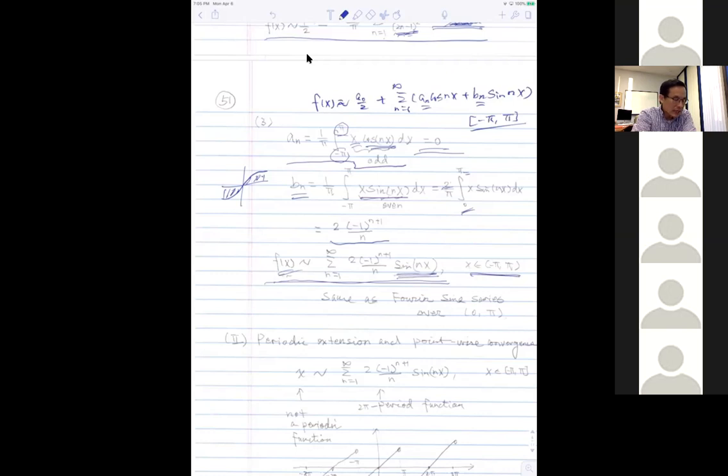If f is an even function, then when you express it as a full Fourier series, on the right hand side, instead of sine, you should expect only cosine functions, because cosine is an even function on this interval. So that is the idea about this. Any other questions?